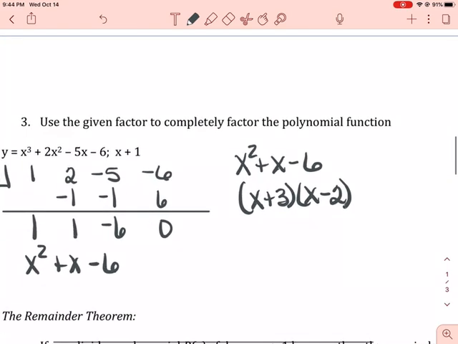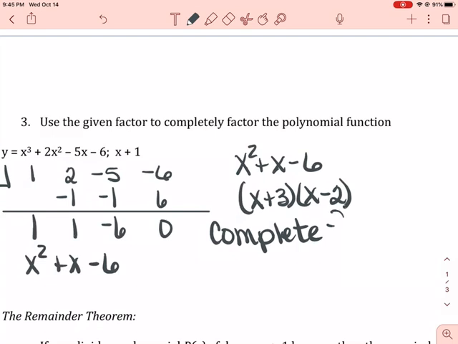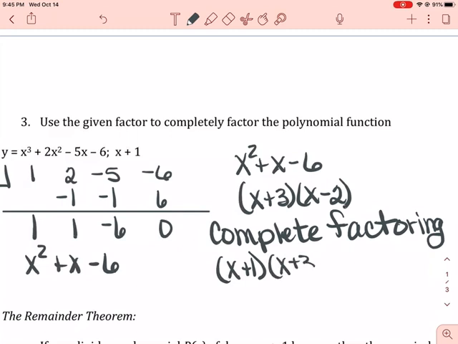All right, so our complete factoring is x plus 1, x plus 3, x minus 2.